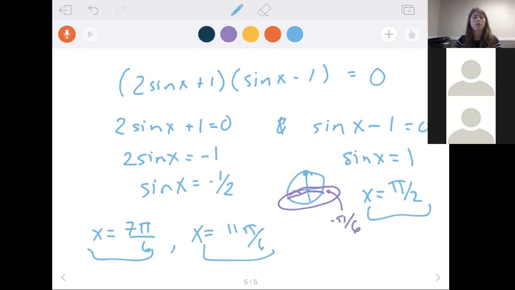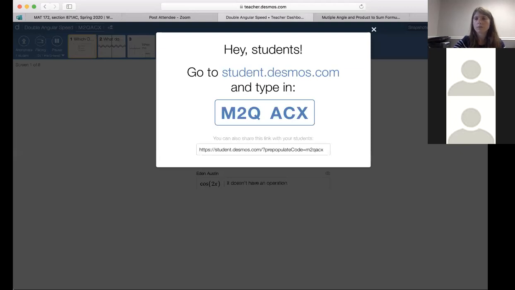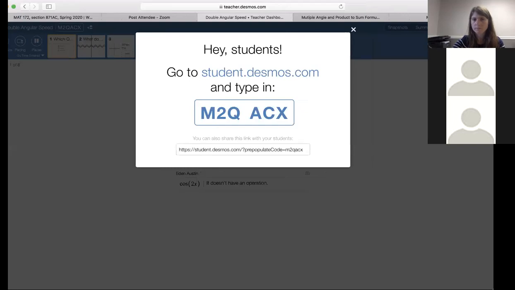And just like we did on Monday, we want to make sure we follow this up with a check in Desmos. So let me swap over and do that. I'm just going to open up a blank Desmos here.